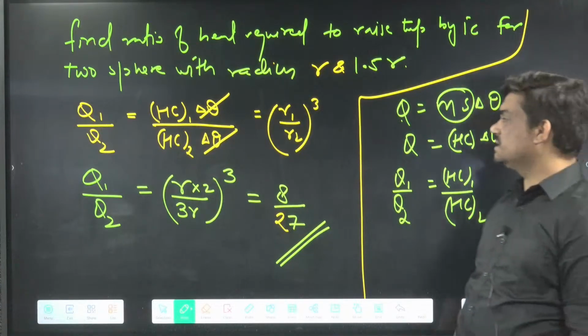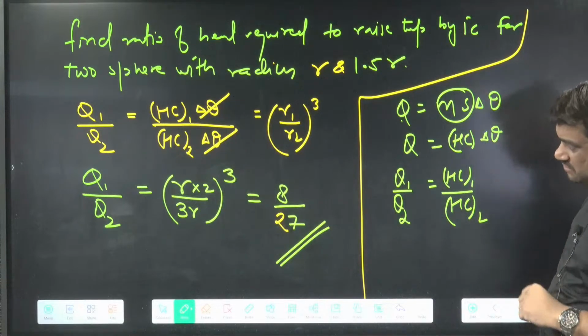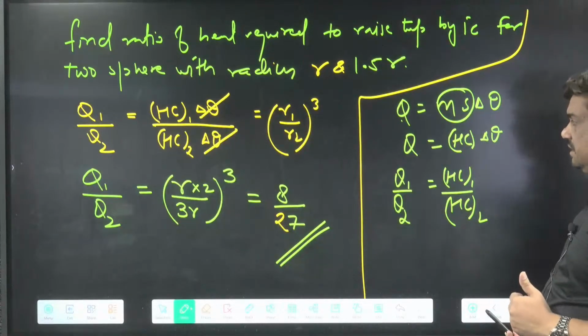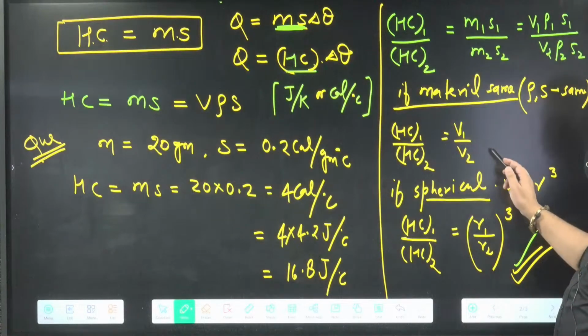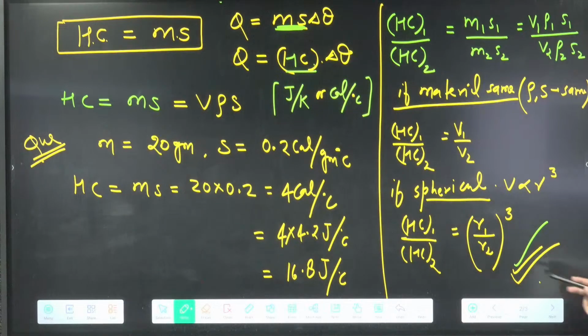So delta theta is cancelled here. So Q1 by Q2 becomes HC1 by HC2, and in the previous one we were told R1 by R2 whole cube.